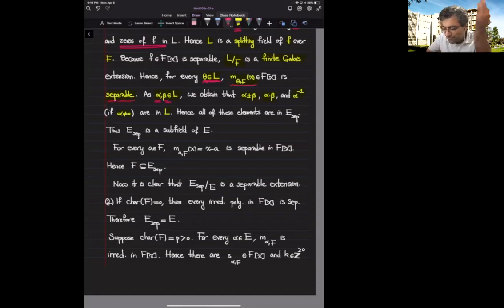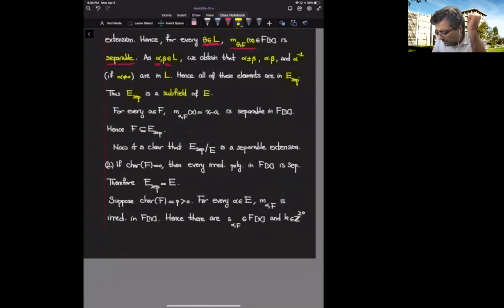So all of these elements, alpha plus minus beta, alpha times beta, alpha inverse, have minimal polynomials that are separable, which means all of them belong to E sub sep. So E sub sep is indeed a subfield of E.